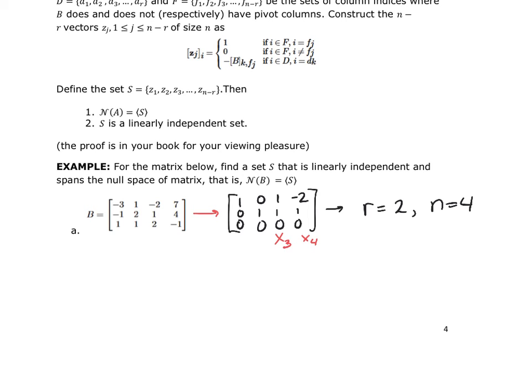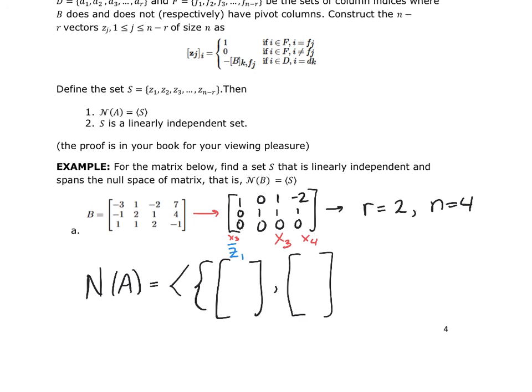So my null space of A is going to be a set of vectors. This is my z1, which is coming from my x sub 3, so they're all in terms of x sub 3. And then my other vector, I know I should have two vectors in here, is my z sub 2, in terms of x sub 4. Let's start filling this out.